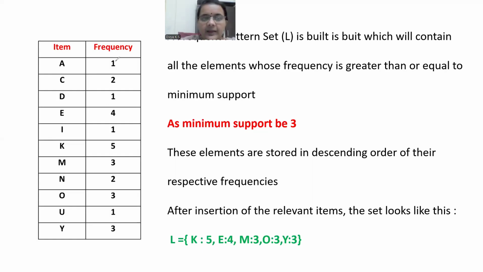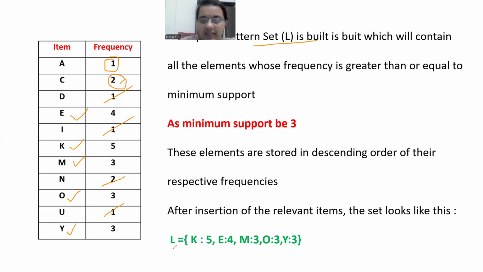Item A is only 1, so we can't take it. This one we can take, this one we can't, then this one and this one. The remaining items are only E, K, M, O, and Y. This is called the frequent pattern set L.